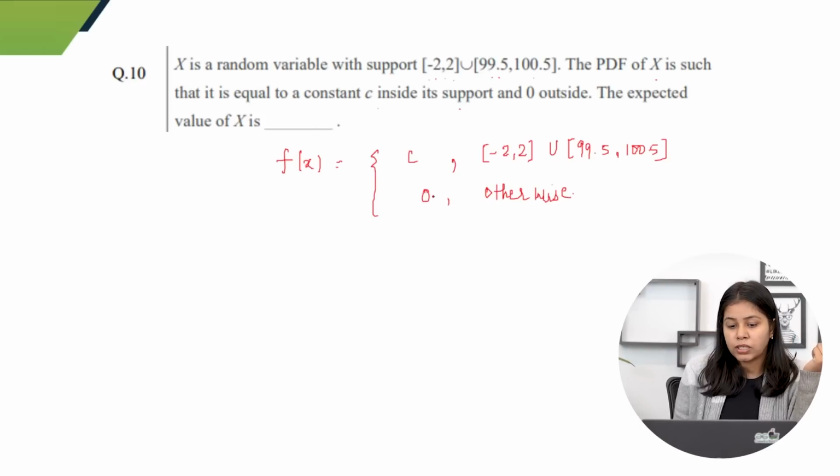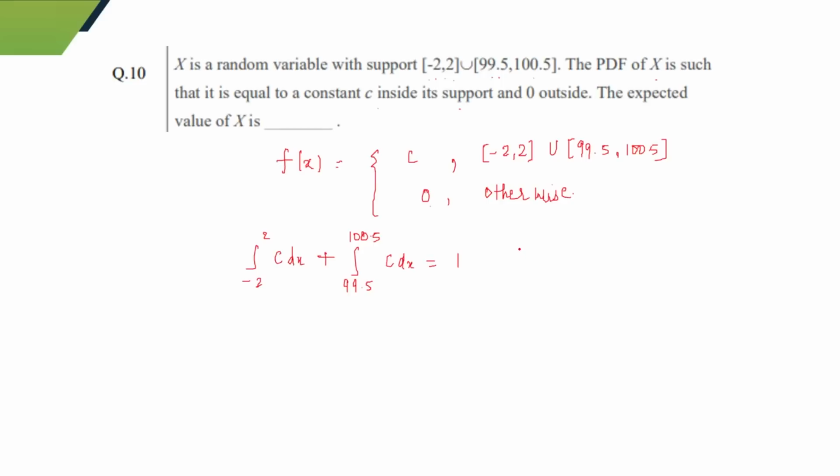So here, because it is given as 0 at any other value and c on these intervals, I can see that if I integrate c dx from minus 2 to 2 and from 99.5 to 100.5, I'll get the value 1. So I can solve it to find the value of c.